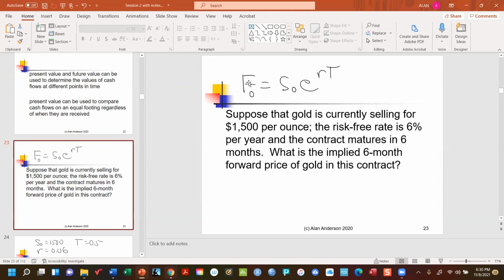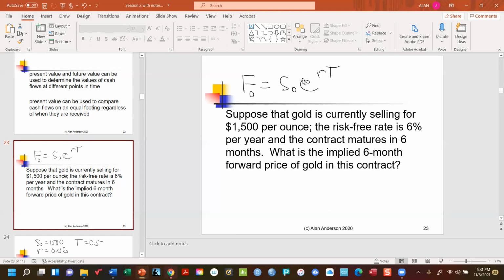The forward price that you agree to in the contract is itself the future value of the spot price invested for T periods at interest rate R when the interest rate is compounded continuously.